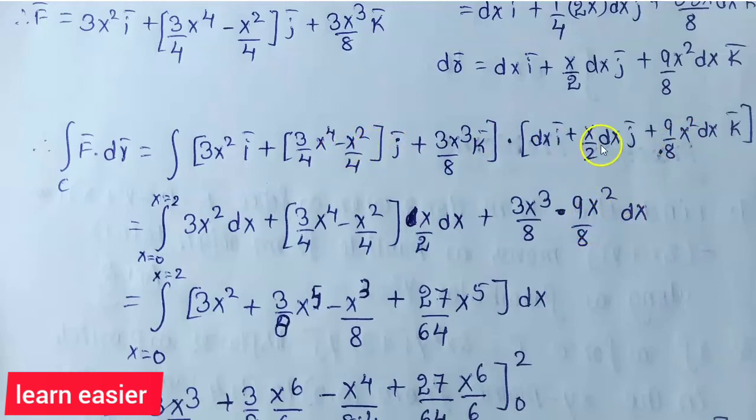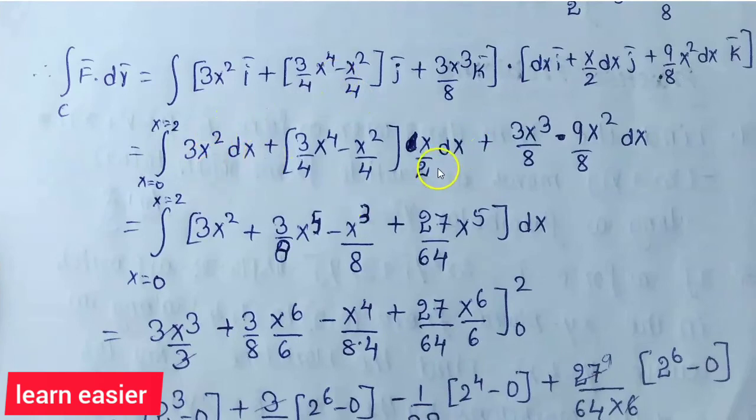Because for calculating the dot product we use only the coefficients of i bar, j bar and k bar, since in the dot product i bar is 1, j bar is 1 and k bar is 1. So we multiply only the coefficients of i bar, j bar and k bar. So after the dot product we get this.